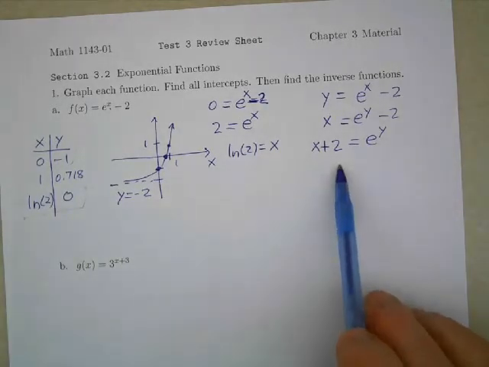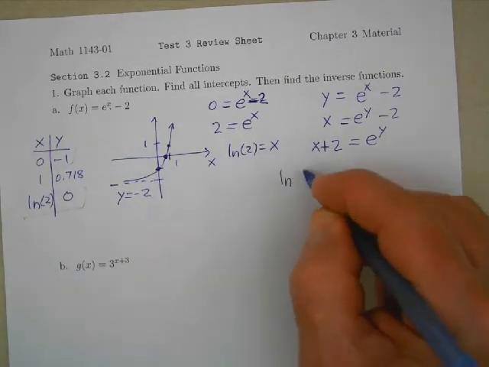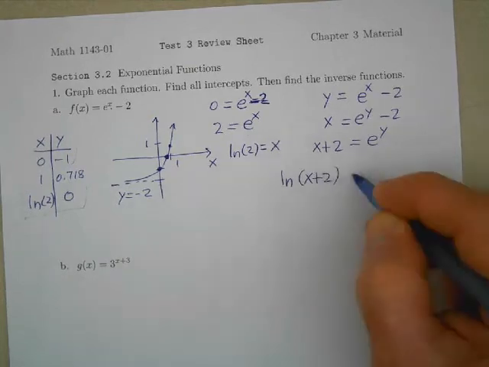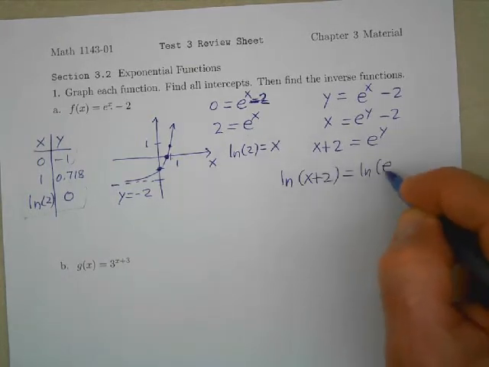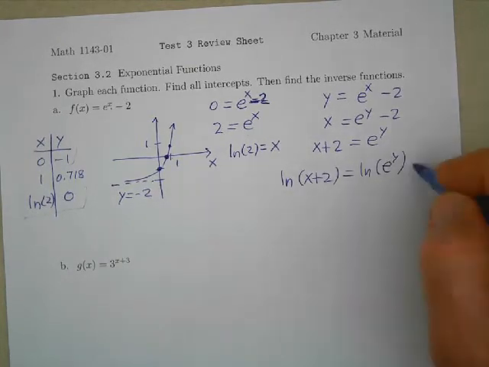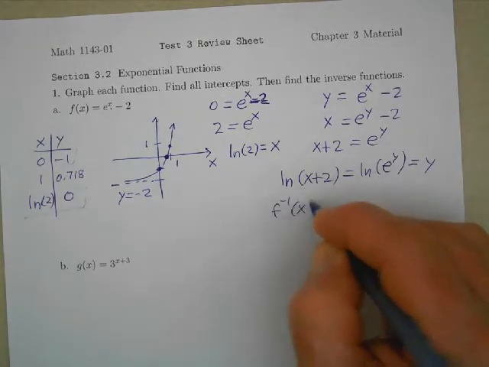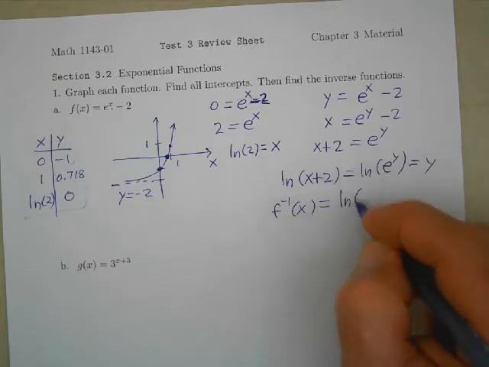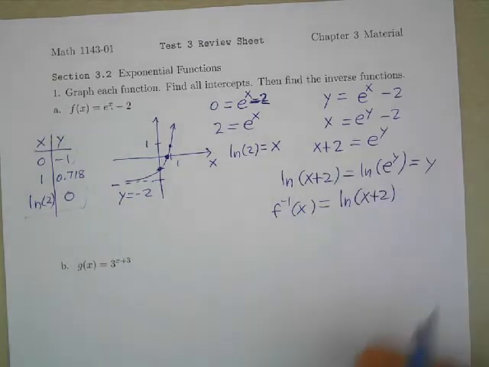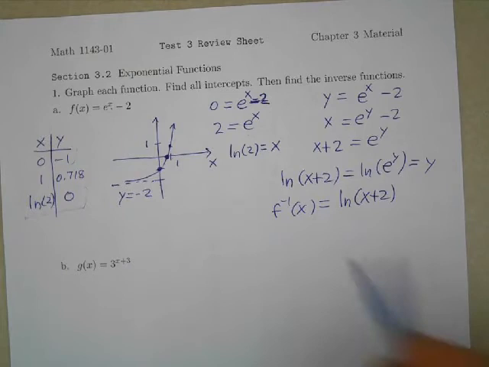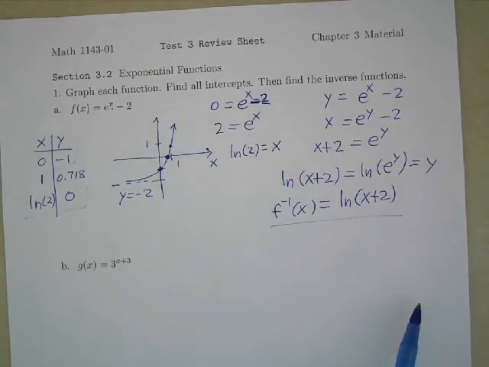Then we can take the natural log of both sides. The natural log of x plus 2 equals the natural log of e to the y, but the natural log of e to the y is just y. So that means f inverse is the natural log of x plus 2. Okay, so that's all we're going to do on that one.